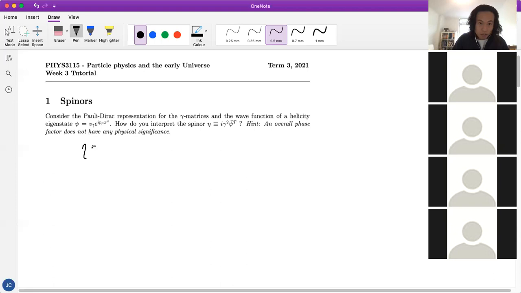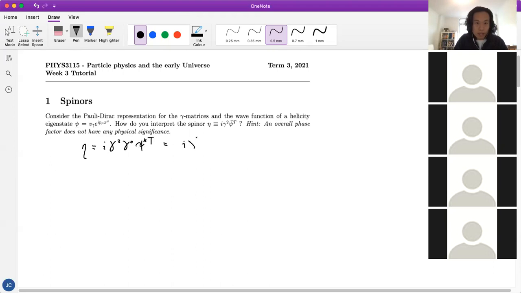So eta, in this definition, rather than having this adjoint spinor, I'll write it out in terms of the charge conjugate spinor and then the gamma naught matrix to make it easier. So i gamma 2 gamma naught, and then we have the conjugate transpose. We use the psi definition to write out this conjugate transpose.